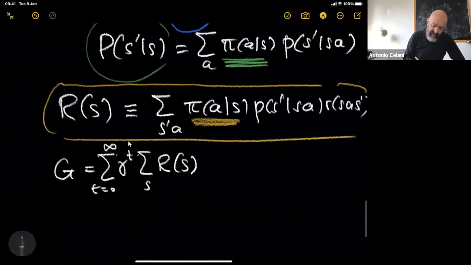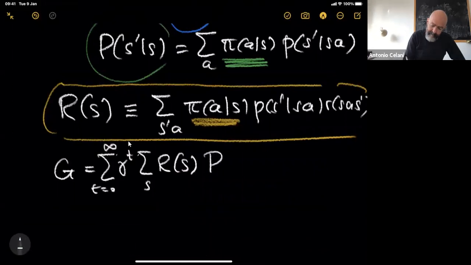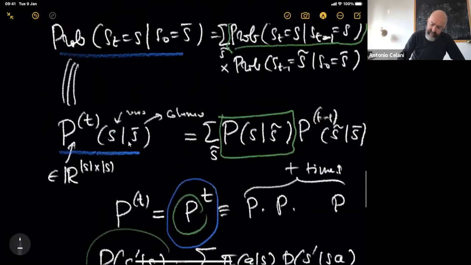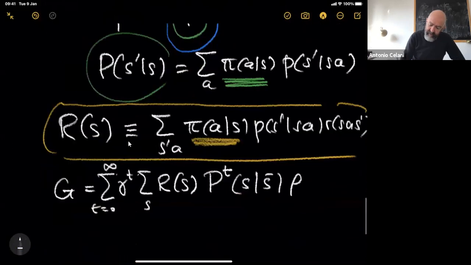So what I have here, let me write this as p to the power t, components s, s bar, times rho 0 of s bar.